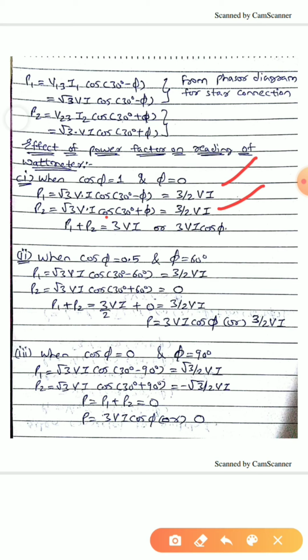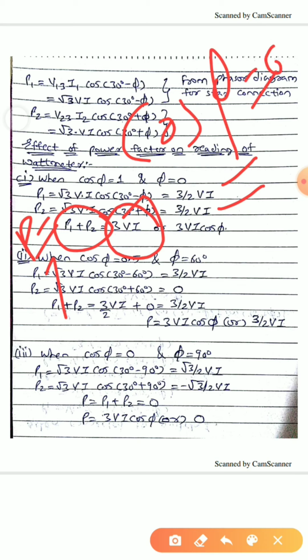Now let me add P1 plus P2, because P1 plus P2 gives me the total power. Here I am getting 3 Vi, or I can write it as 3 Vi cos phi, with cos phi being 1 here.